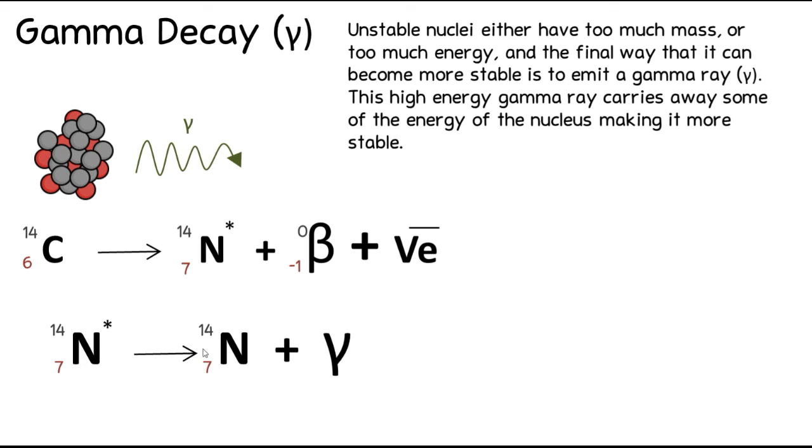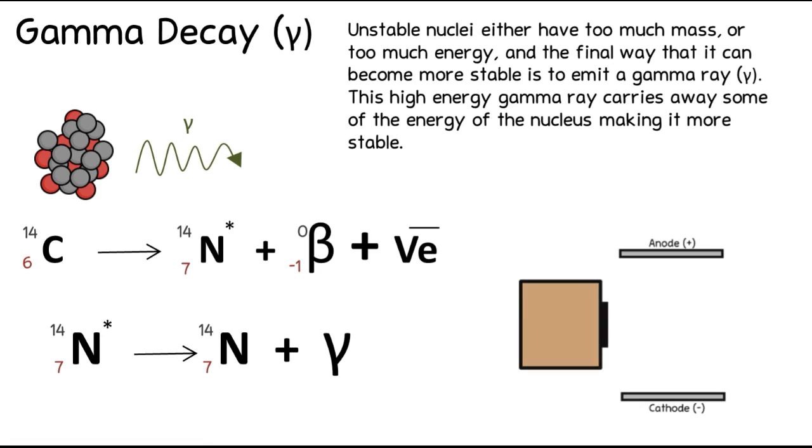Very high energy. So you probably guessed it, but we're going to look at the path that the gamma ray takes through a magnetic field. And you probably already know this, but you cannot deflect light or electromagnetic waves in a magnetic field. So it will just pass straight through. I know that's not a straight line, but just use your imagination. Imagine that it passes straight through.